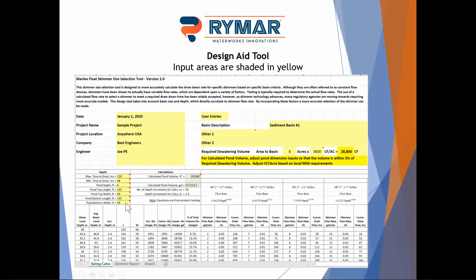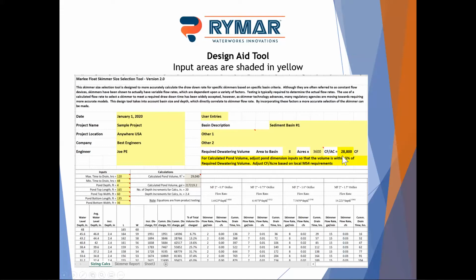Now we recognize that there are almost no basins that are rectangular or square. So please use your engineering judgment to adjust these numbers so that your calculated pond volume comes out to within a reasonable, we recommend at least within 5%. In this case, I think I'm within about 1% of your required dewatering volume.